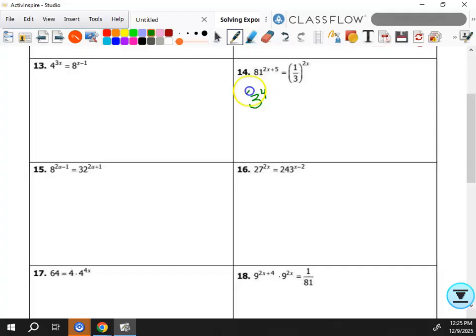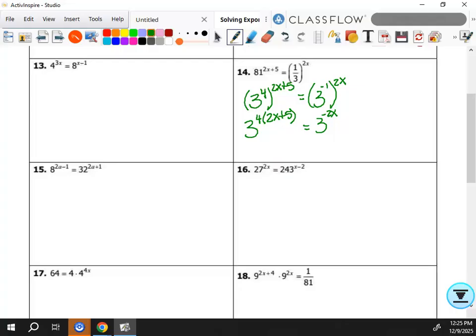So this is 3 to the fourth to the 2x plus 5 power. 1/3 would be 3 to what power? -1 to the 2x power. So that means I have 3 to the 4 times 2x plus 5 power equals 3 to the -2x.